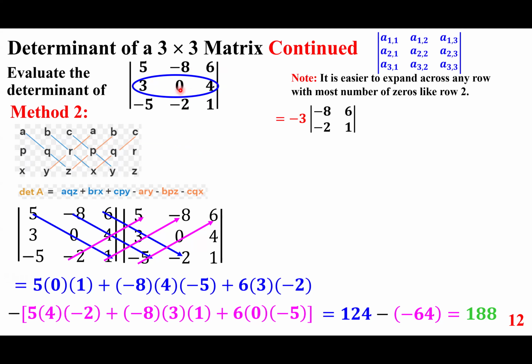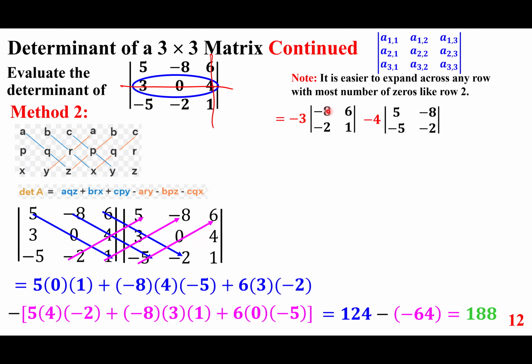The second one is 0. So 0 times anything is 0. So that's why I don't bother to write it. I'm going to go with number 4. I'm going to write this is gone, this is gone. And again, remember, they will alternate. Negative, positive, negative. So minus 4 times now the determinant 5, minus 8, minus 5, minus 2. So as you can see, it's easier because one piece you don't have to calculate.